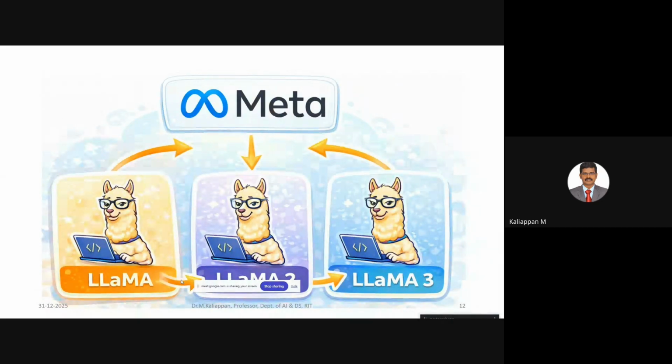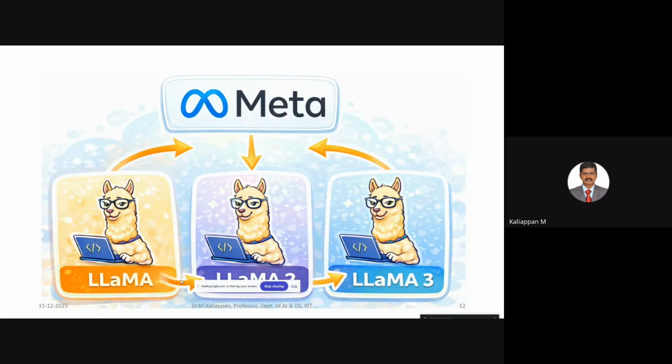And the last one is Llama 3. It is the latest and most powerful version of Meta's LLM. It has much better reasoning, coding and instruction following. It competes with the top commercial models.